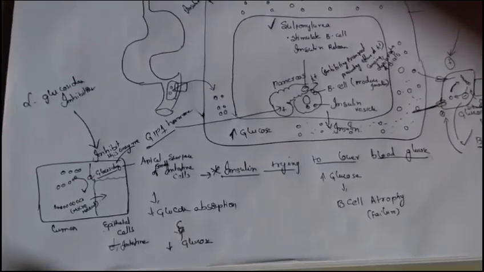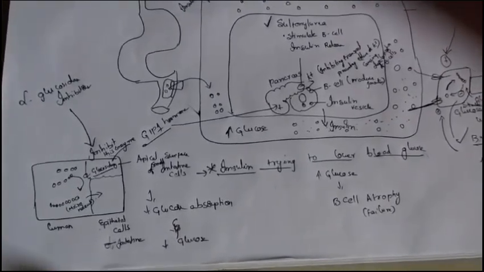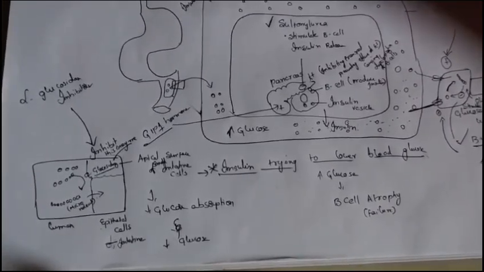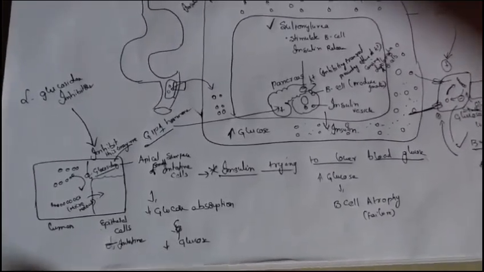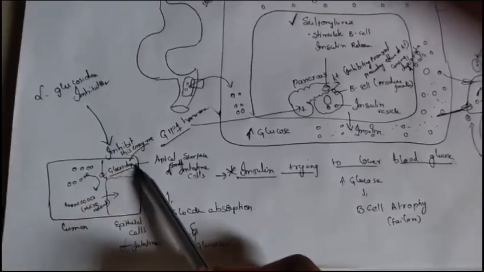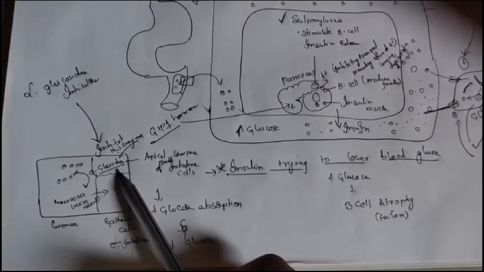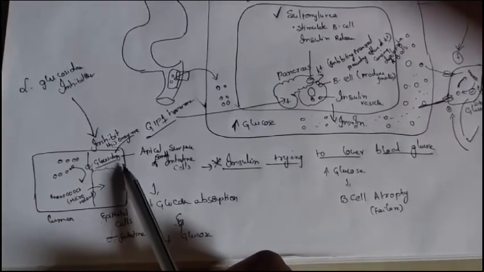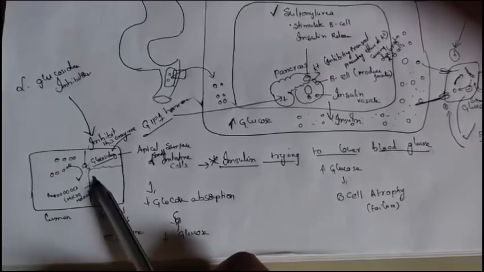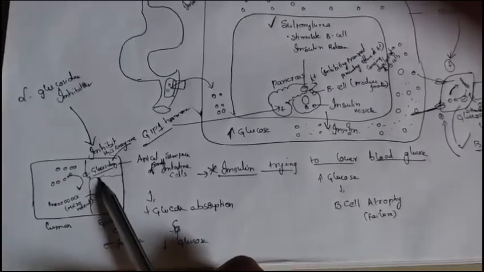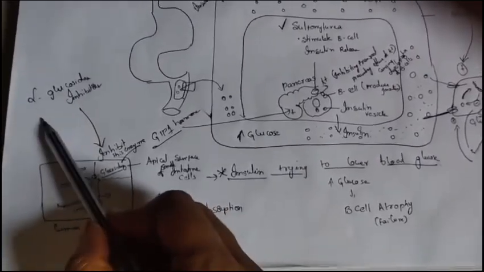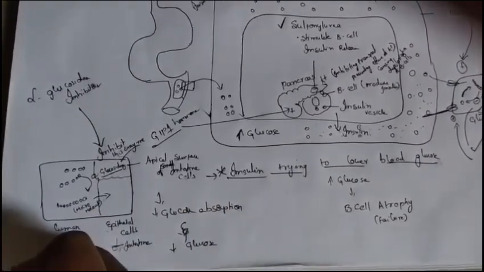The carbohydrate molecule is broken down by an enzyme, the brush border enzyme called glucosidase. This glucosidase is present on the apical surface of the small intestinal cells. Now this glucosidase enzyme can be inhibited by the administration of alpha glucosidase inhibitors.